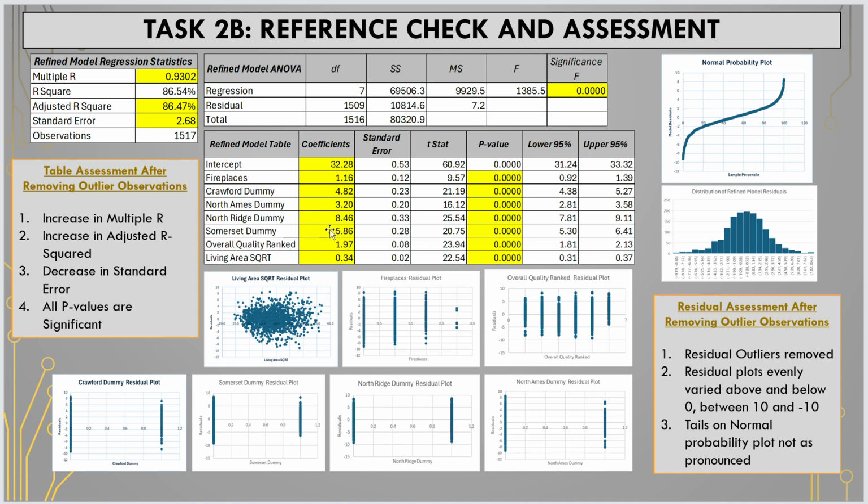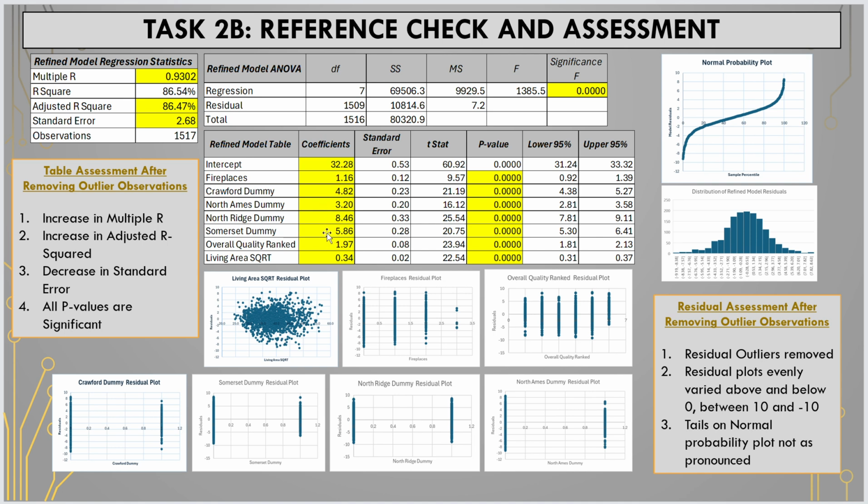And all of your dummy variables are in reference to the Brookdale and the Brookside reference variables. So remember, we had 5 neighborhoods left after reducing the categories, and then we have 4 dummy codes. North Ames was the next most expensive neighborhood after Brookside. Then Crawford was the next more expensive after that.